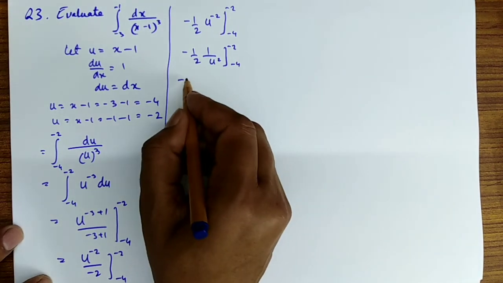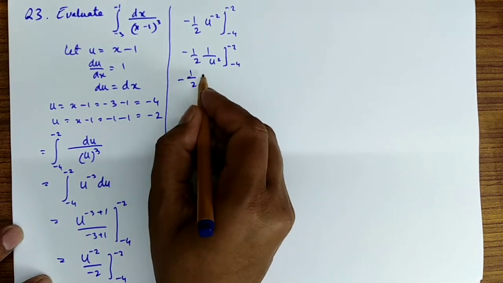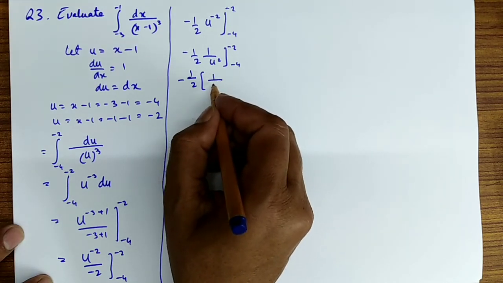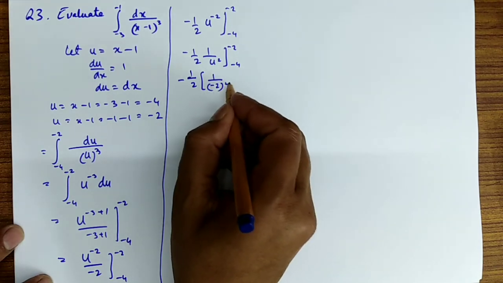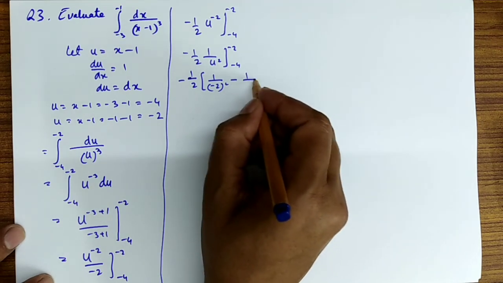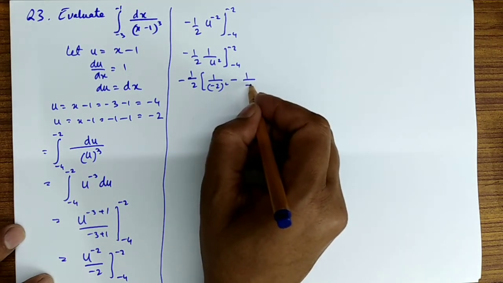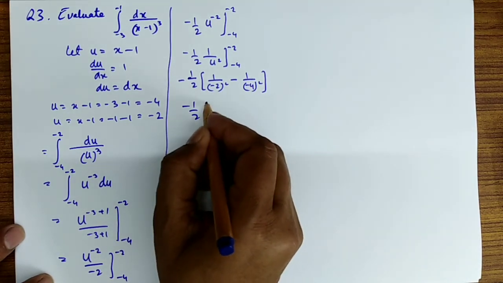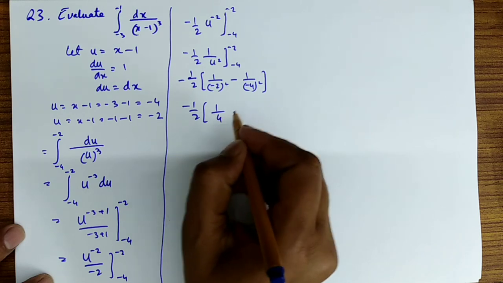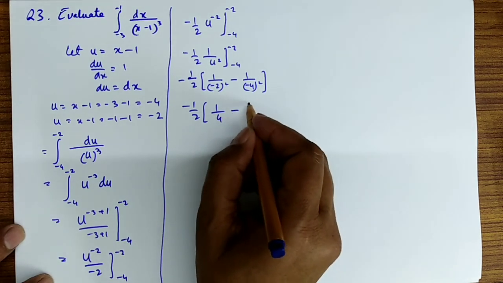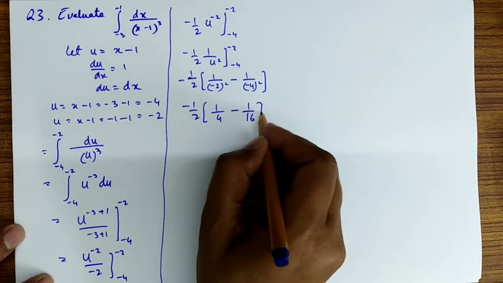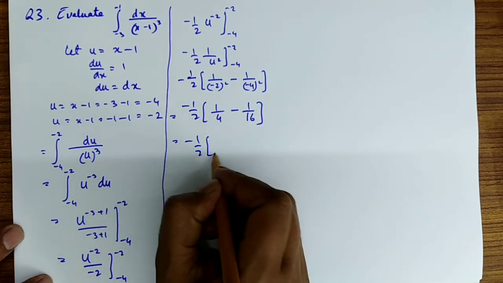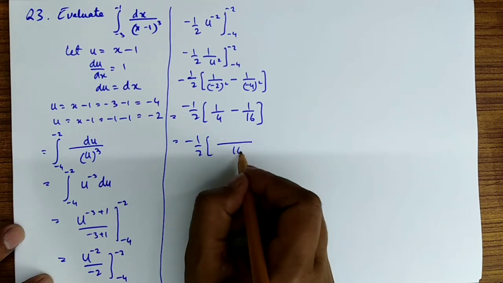Now putting the values, 1 upon the upper limit, minus 2 square, minus 1 upon minus 4 square, minus 1 upon 2, that is 1 upon 4 minus 1 upon 16, that will be 1 upon 2, that gives me 16 here.